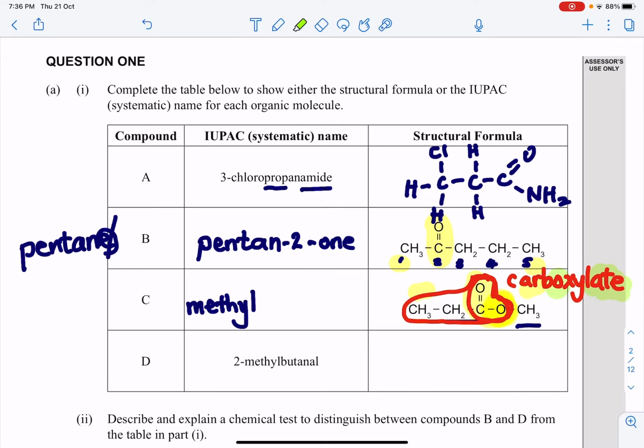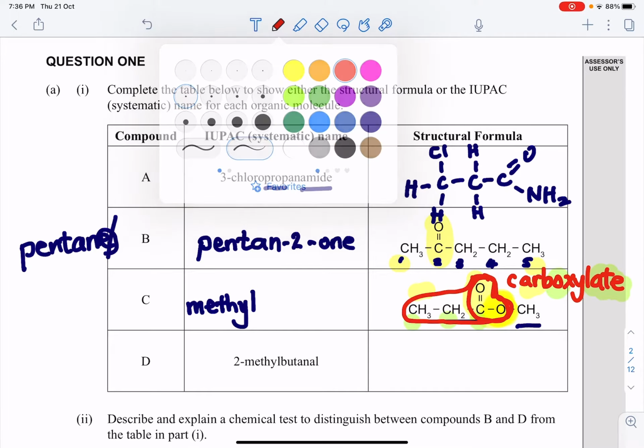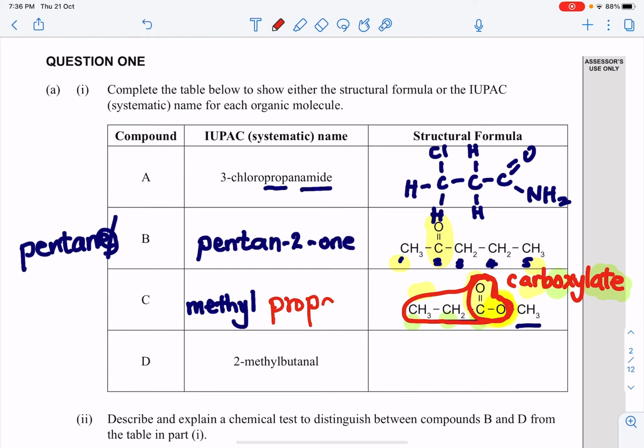That will form the suffix oate. Now I'm going to put this into these 3 carbons right here, 1, 2, 3. So that gives you 3 carbon, prop. Again, as if you're writing propane for an alkane, throw away the letter E and put in O-A-T-E, so it forms the word propanoate. So we have methyl propanoate as the name of the ester.